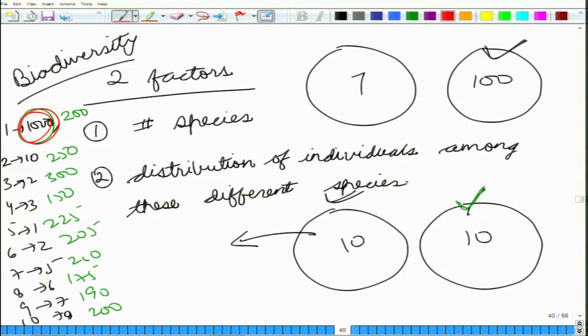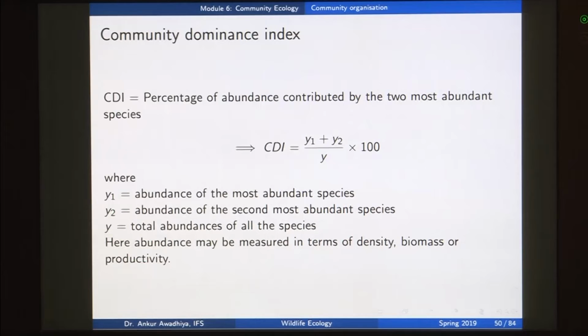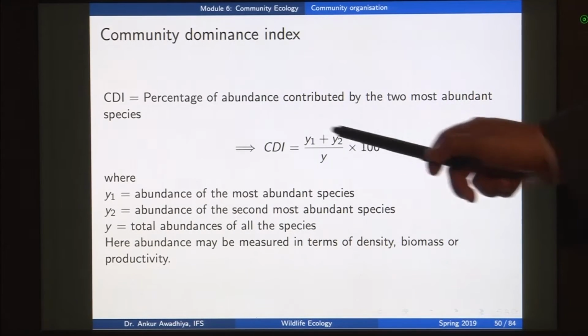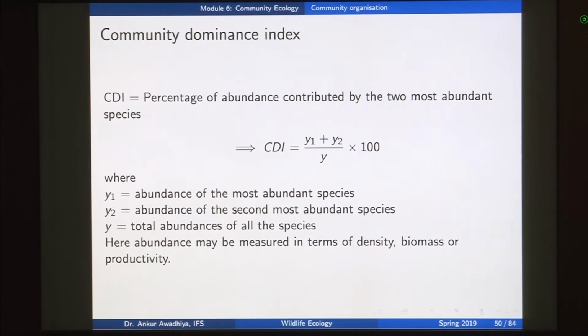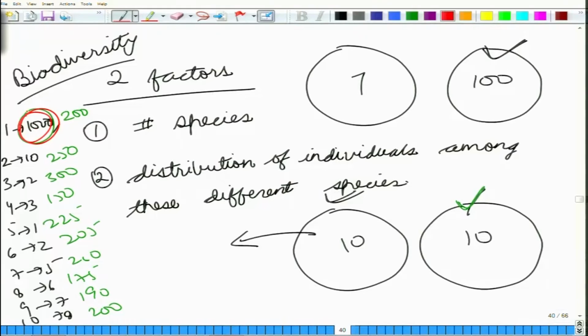Now, when we are talking about the community dominance index, we take not just the most abundant species but also the second most abundant species. In this case, suppose the first species had 1000 individuals and the second most abundant had, say, 800 individuals. So, here we have 1800 individuals in just two species, and all the other species have very few individuals.